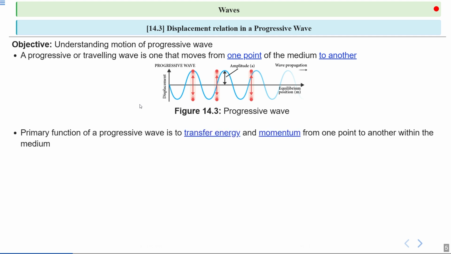The main thing of a progressive wave is to transfer energy and momentum from one place to another within the medium. For example, when you shout across a field, the sound wave carries energy from your mouth to someone else's ear. The particles in the medium pass on this energy, allowing the wave to move forward.